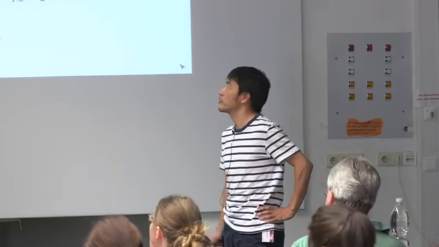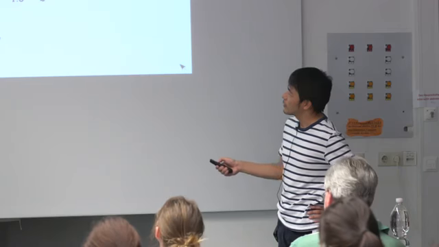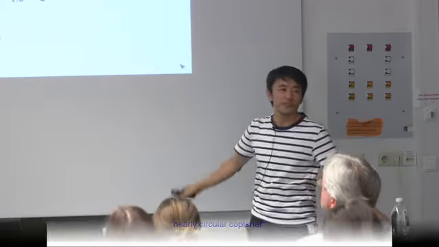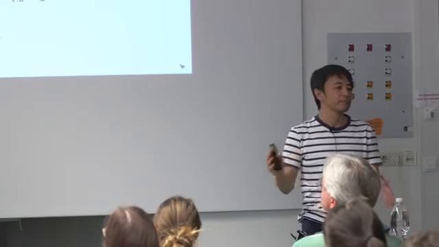And this figure shows the orbital elements against semi-major axis. Black points are eccentricities, and white ones are inclinations. Mercury, Venus, Earth, Mars. Very roughly speaking, the inclination here is in radians, not degrees. All of them are smaller than, say, 0.1.